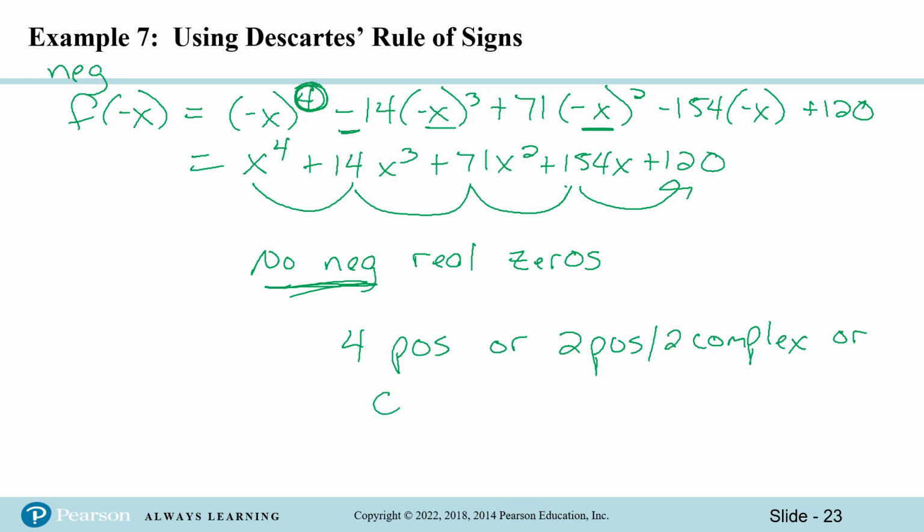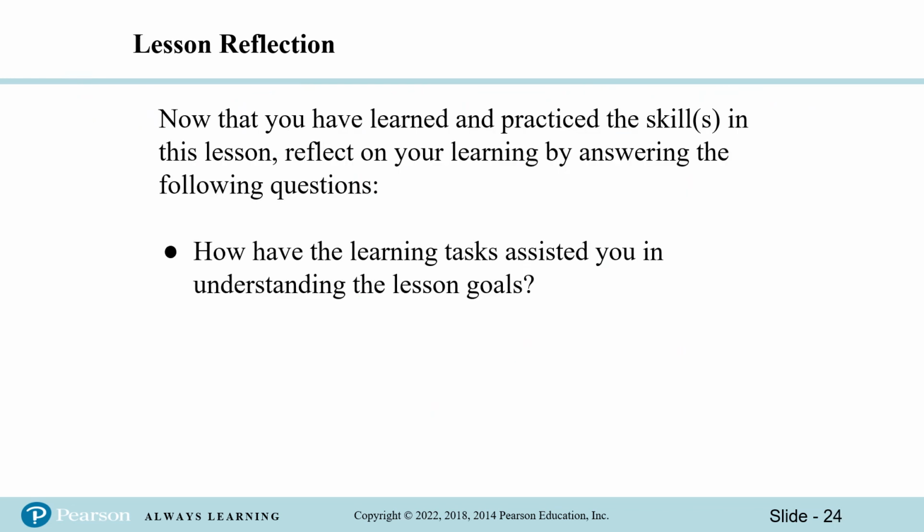Or 0 positive with all 4 complex, because none of them are negative. So those are our possibilities. Okay. Time for reflection.